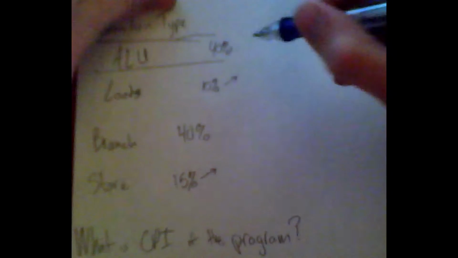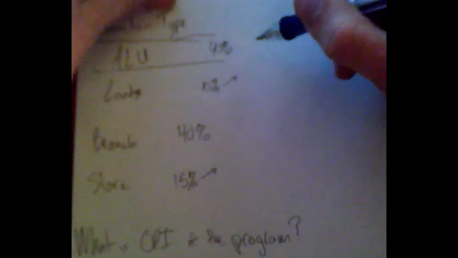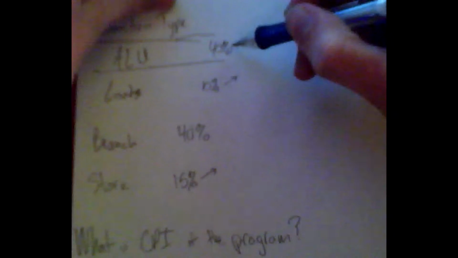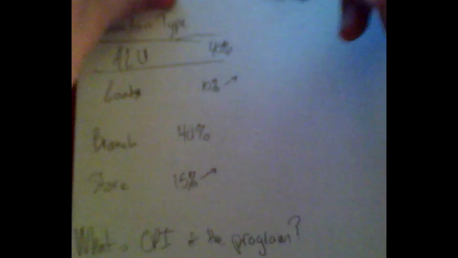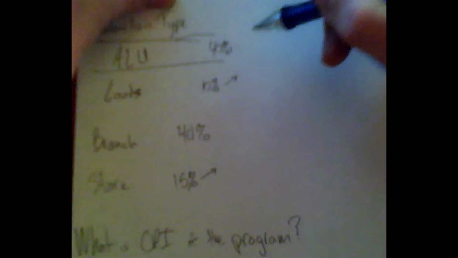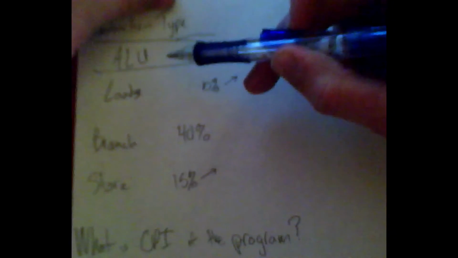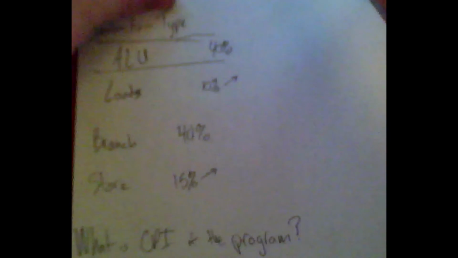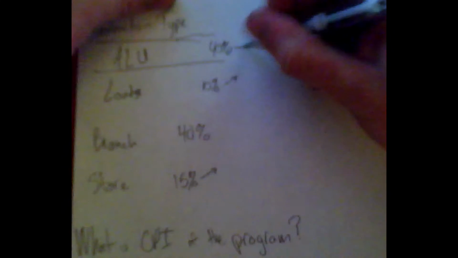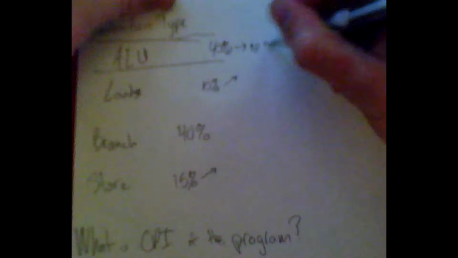So we're going to start with this ALU, and here's 40% right here, and since we have no instruction cache misses, we know that the ALU takes instructions. So if it's saying that we don't have any instruction cache misses, then right here we have no stalls, or no misses rather.